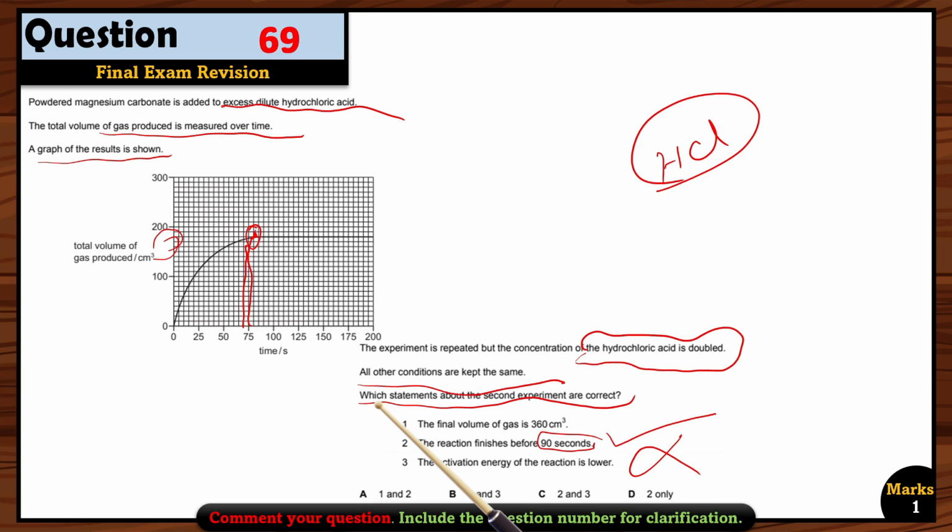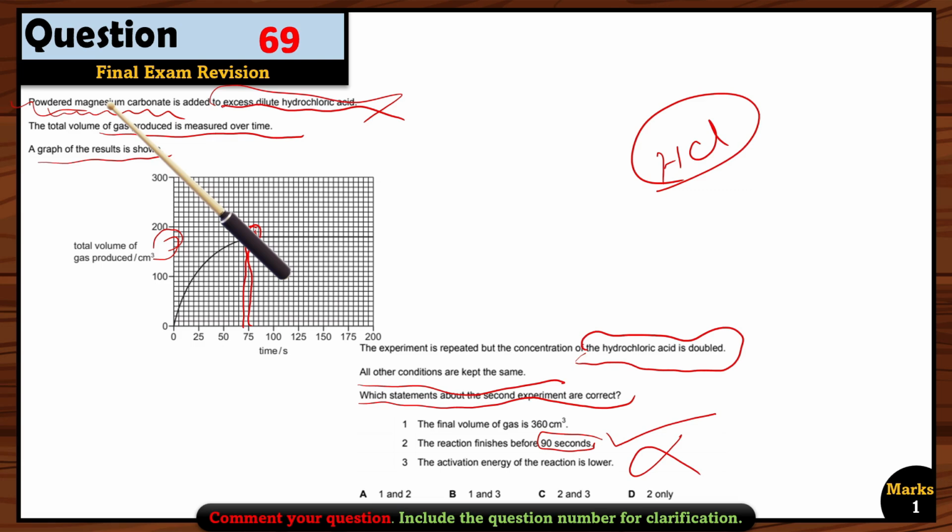Why wrong? Because we already have just powder magnesium carbonate. Even if the acid is highly concentrated, you can think that the concentration is more and we have more particles, so the product can be more. But the problem is that your other reactant is not in excess. It is just simply the powder magnesium carbonate. They have not used the word excess with magnesium carbonate.